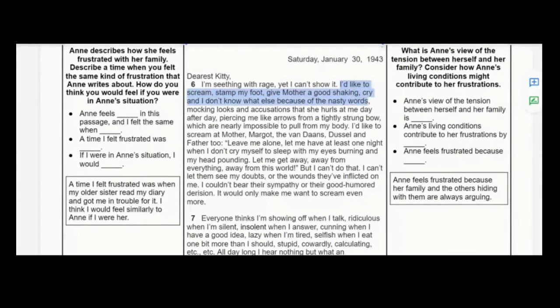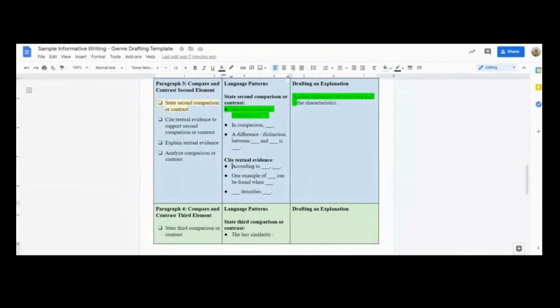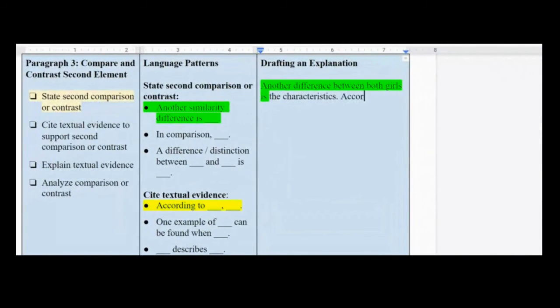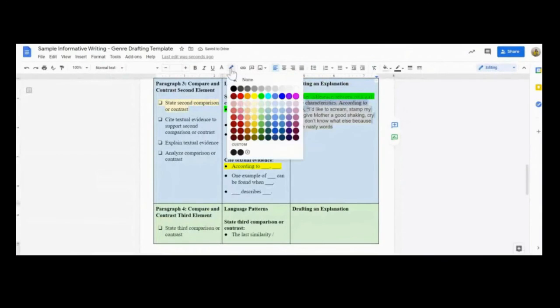I'm going to copy this quote right here. I'd like to scream, stamp my foot, give mother a good shaking, cry, and I don't know what else because of the nasty words. I'm going to use this one, and you guys can always use the same one too. Feel free. You can copy and paste right there.